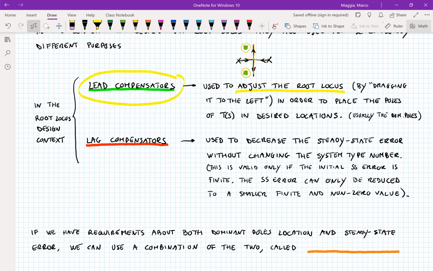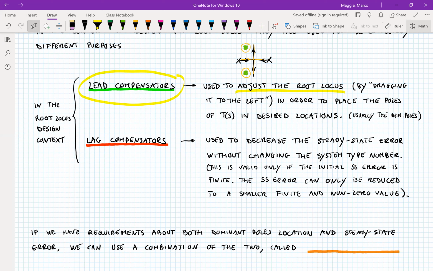This can be used if and only if we already have a steady state error that is finite, because only if we have a finite steady state error can we reduce it to a smaller value. If the steady state error is already infinite, then even by introducing a lag compensator, there's nothing that we can do. The only way to decrease the steady state error would be to increase the type number of the system.